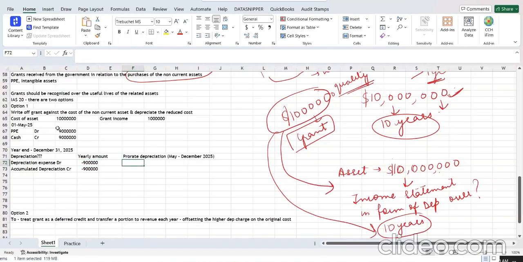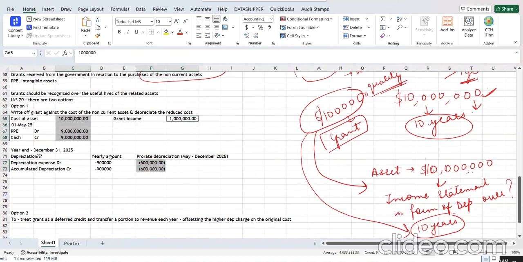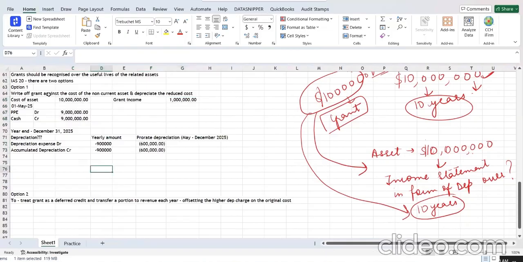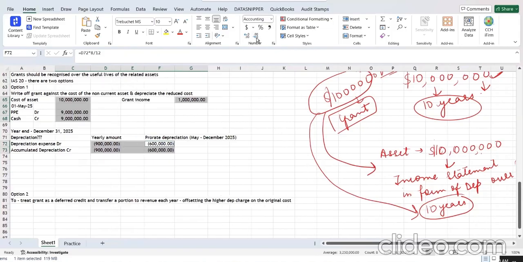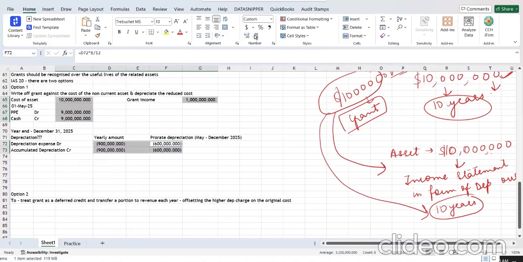So it will be 8 months, right? So this would be my depreciation expense.